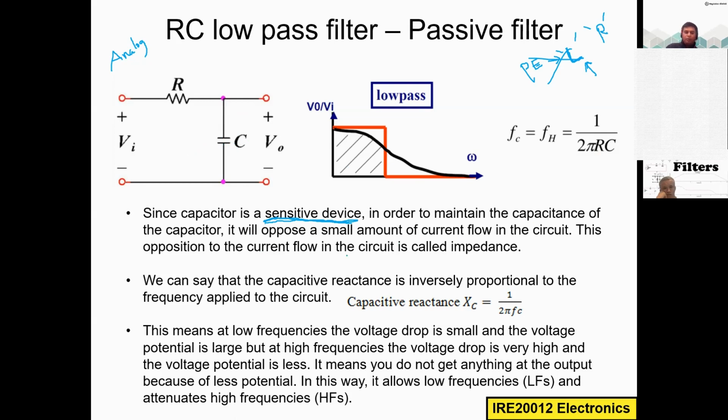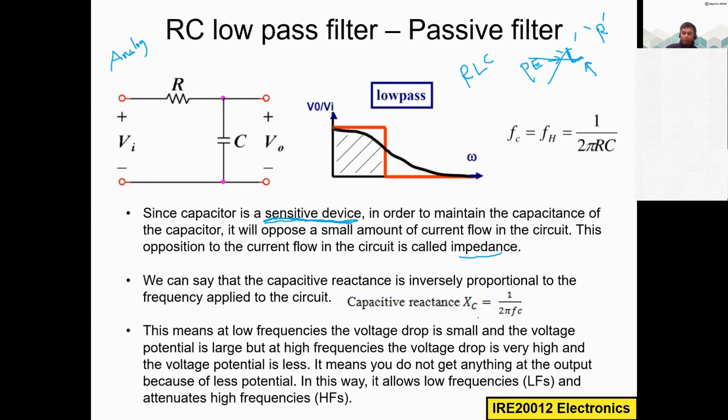This opposition to the current flow in the circuit is called impedance. We know each component, R, L and C, has its own impedance, which is nothing but its property of opposing current flow in the circuit. We can say that the capacitive reactance is inversely proportional to the frequency applied to the circuit.